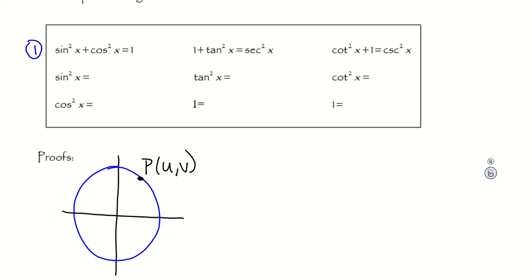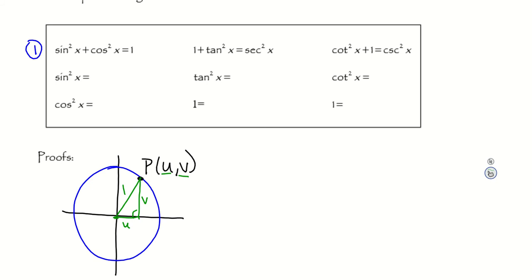We've done this before. We can make a right triangle where, because this is u, we know that the horizontal leg would be u. Because the y-coordinate is v, we know the length of the vertical leg would be v. And because this is a unit circle, we know the hypotenuse would be 1.